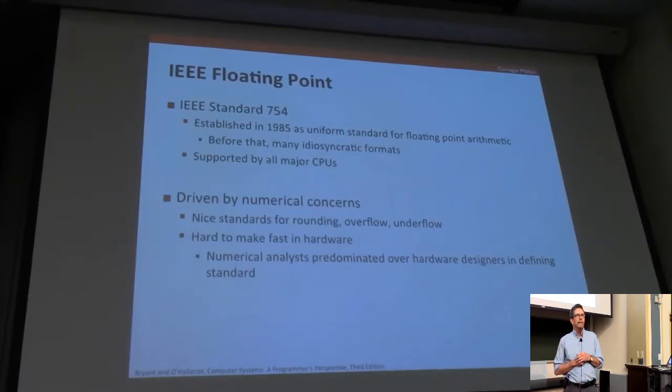In 1985, IEEE, which is the professional association for electrical engineers and also a very important standards body, introduced a standard floating point representation called IEEE floating point, which was then adopted by all computer manufacturers. So now the situation's much better. Everybody supports the same kind of floating point representation, which is what we're going to learn about today.